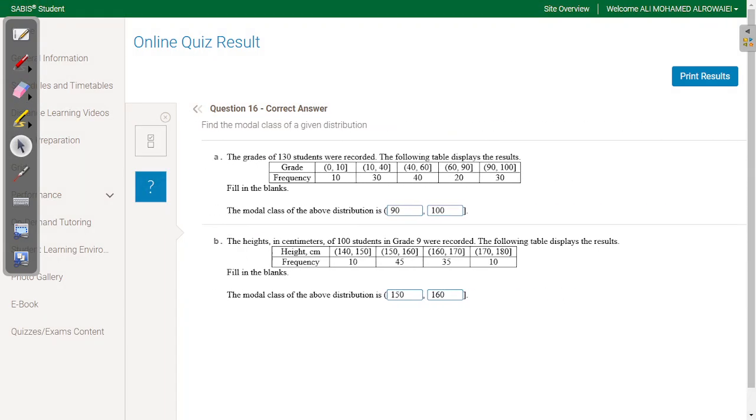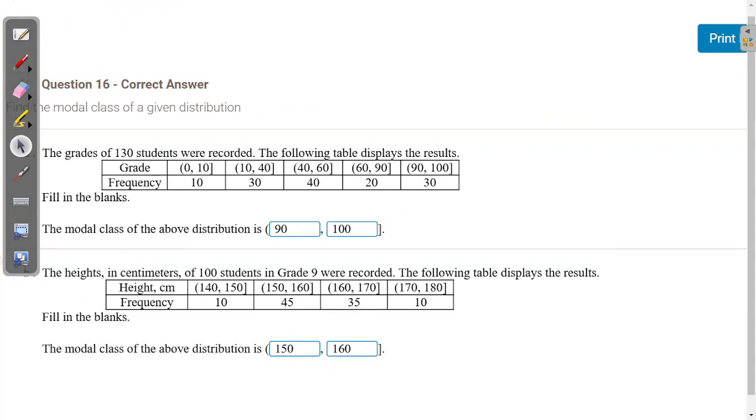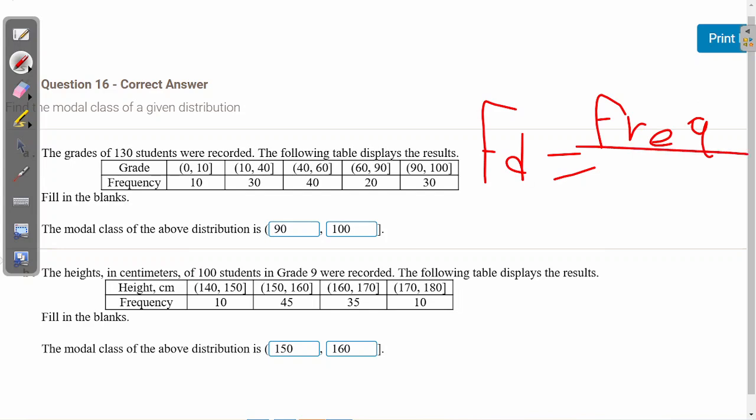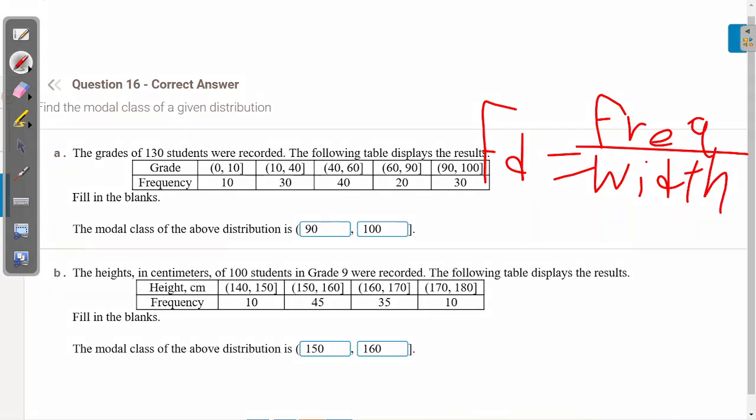Here you have intervals, so you look at the frequency density, not frequency. And remember, frequency density is frequency divided by width. So you check here, the width is 10, because 10 minus 0. So 10 over 10 is 1. Here the width is 40 minus 10, 30.